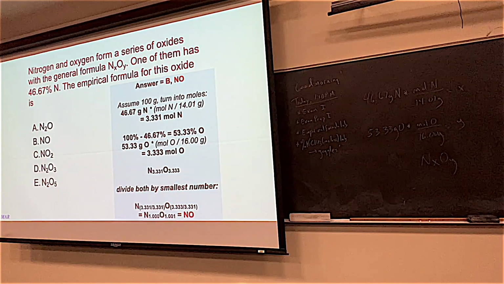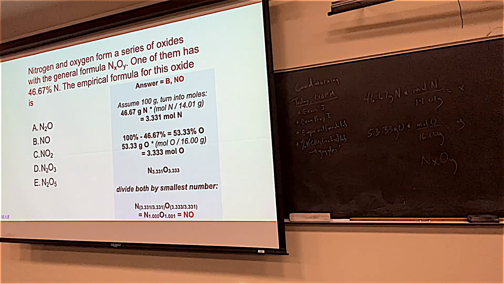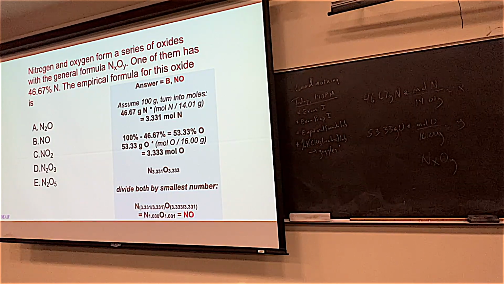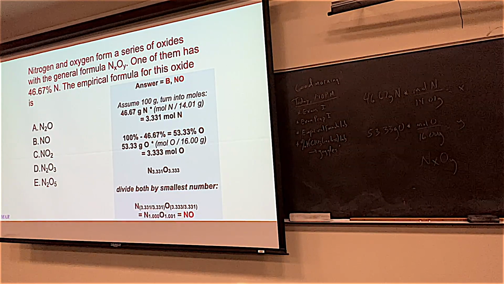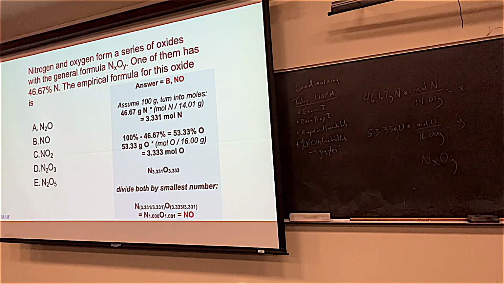If you want to be absolutely certain, divide both of them by the smaller, which is 3.331, and you should get 1 nitrogen to 1 oxygen, or NO. So this looks like nitrogen monoxide. So: percentages to grams, grams to moles using the periodic table, compare the moles. Good to go.